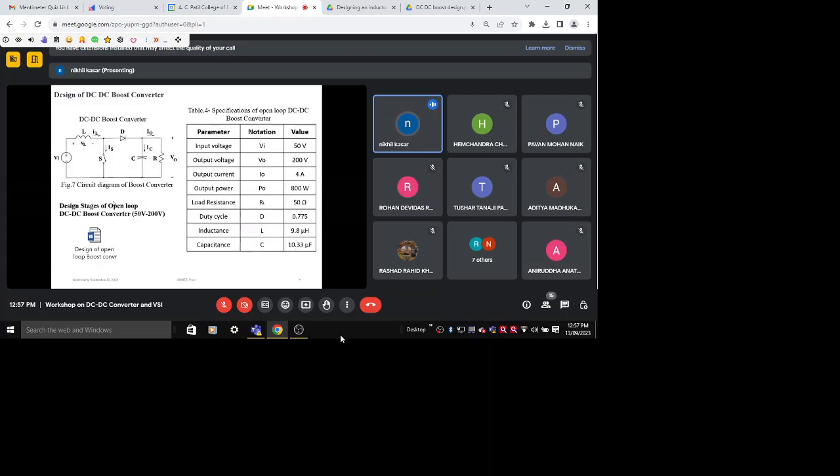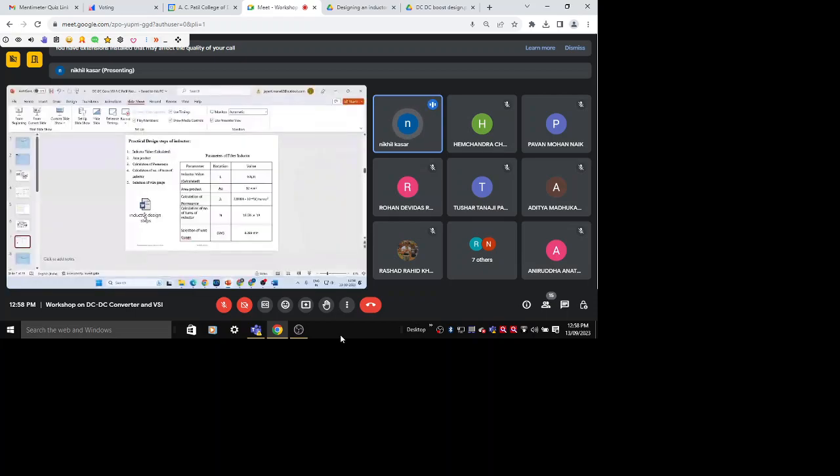For the selection of inductor, we went through the various calculations, and our inductor is a saddle core ferrite material, its number is T12. How to use the core table and how to use the wire table, we tried to understand in this pre-discussion. So this is how you reach the final step of hardware design of the DC-DC boost converter.